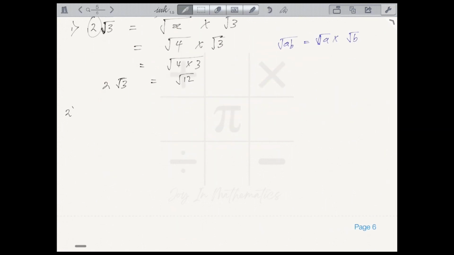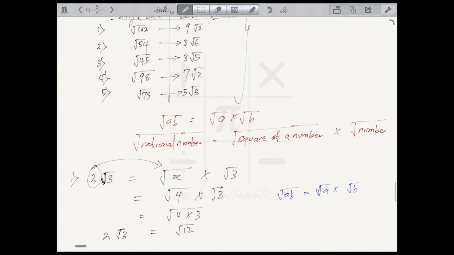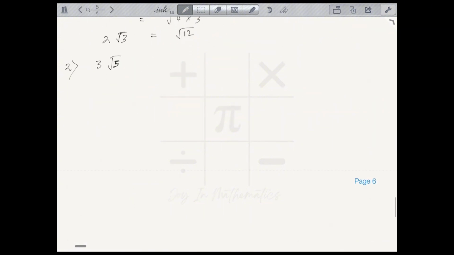Let's take another question. We have 3 root 5, and if you notice, this is one of the conversions we had earlier, 3 root 5 being equal to root 45. So this will give us root x multiplied by root 5. What is x, considering that root x is equal to 3? Therefore x will be equal to 3 squared, which is equal to 9.